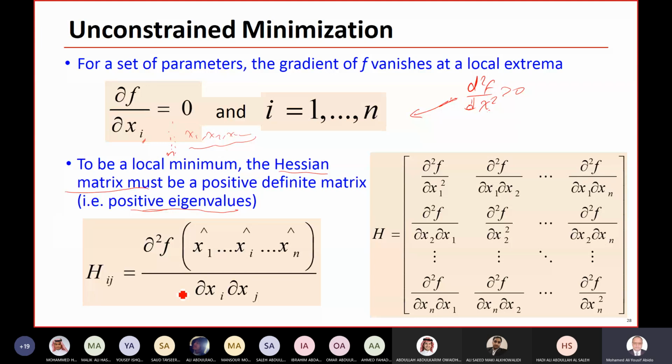So when you construct this Hessian matrix, this is for x1, second derivative for x1, x1, so x1 square, second derivative for x1, x2, x1 up to xn. Okay.